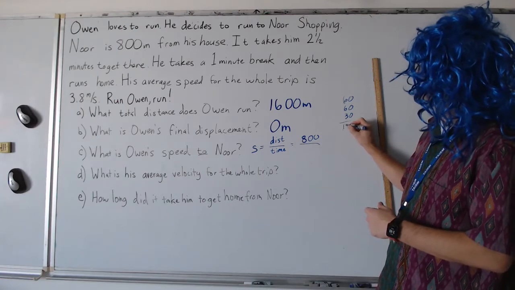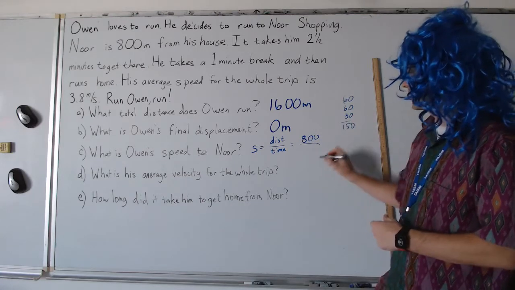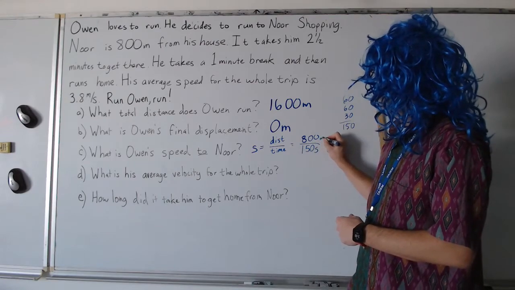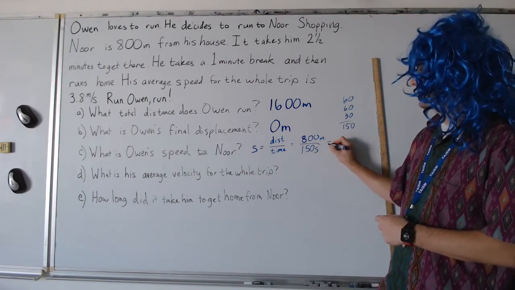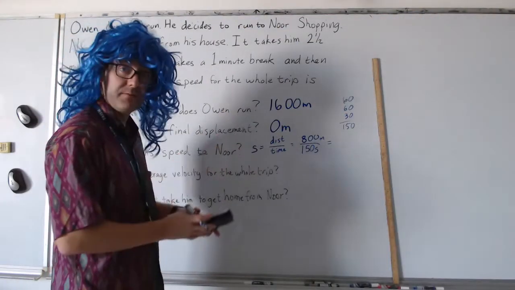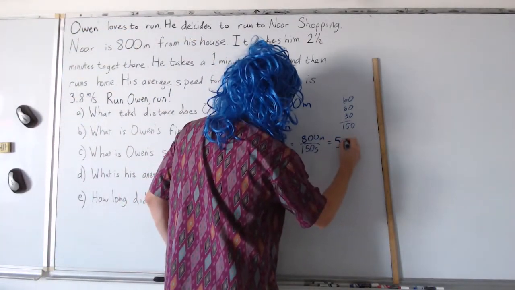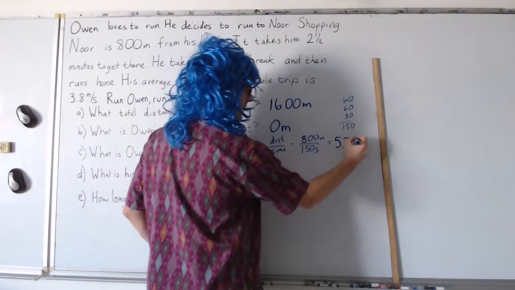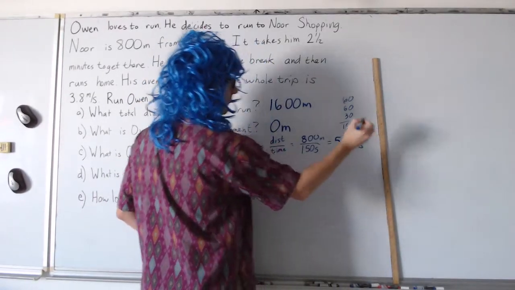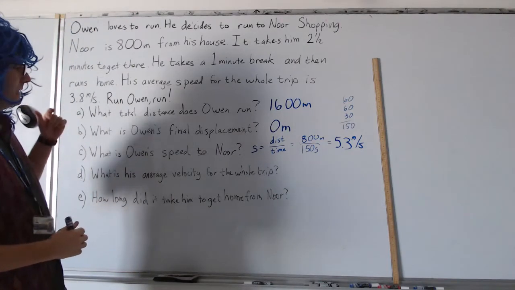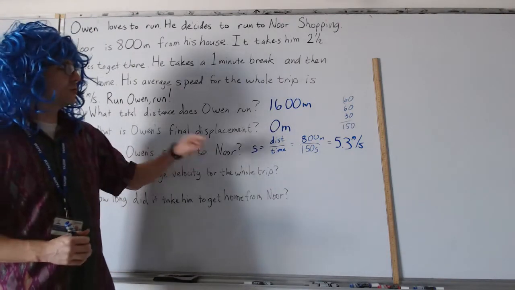I add all those together, I get 150 seconds. So I'm going to divide by 150 seconds. The 800 is meters, the 150 is seconds. That gives 5.3, and because I used meters and seconds, I end up with 5.3 meters per second. So that is his speed to Knorr.